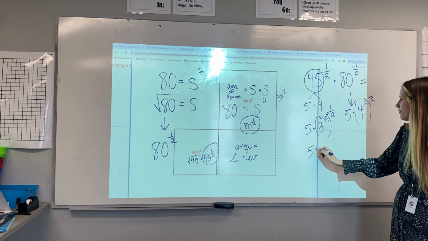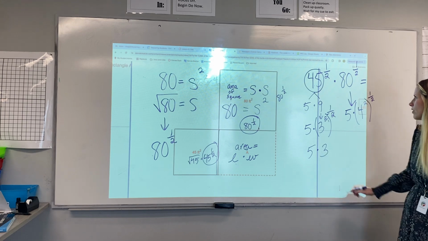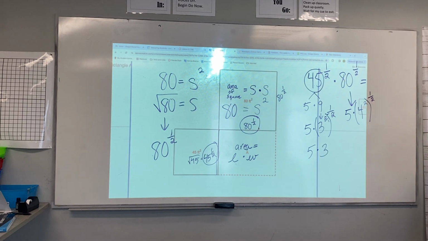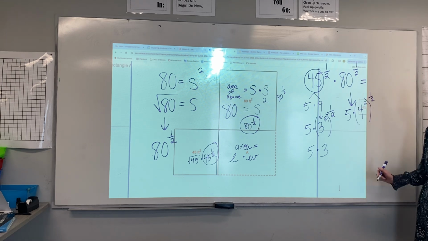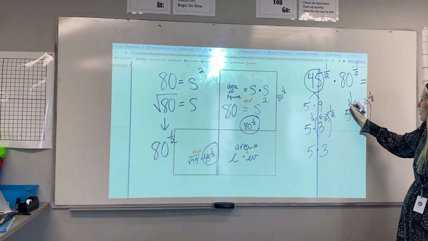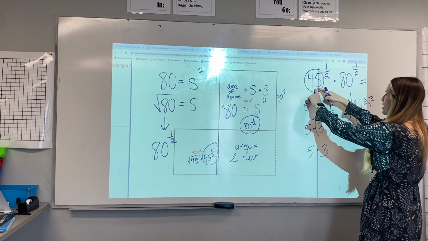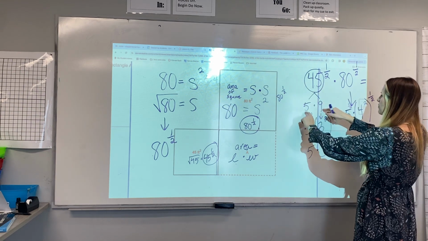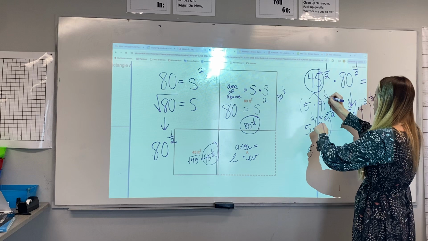So we have 5 times 3. Now, this is also to the 1/2 power. I should have written that. This is also to the 1/2 power, because if we're breaking this down, this is really 5 times 9 to the 1/2 power.